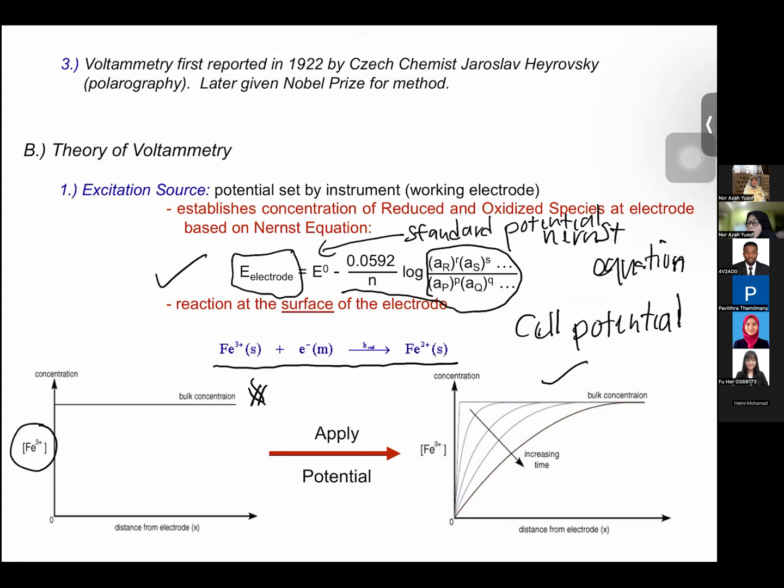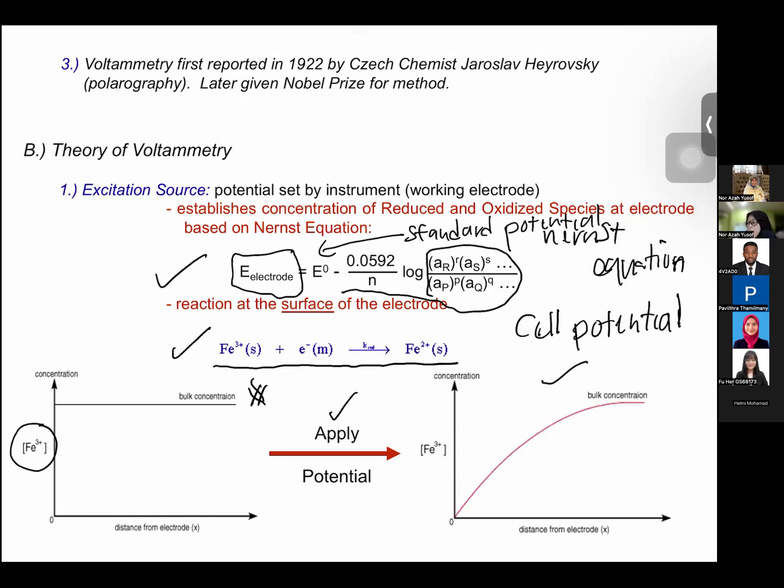So now you start to apply potential, and this reaction happens. The ferrum 3 plus is reduced to ferrum 2 plus, which means that now you have two types of ions. Ferrum 2 plus is increasing and ferrum 3 plus is decreasing.